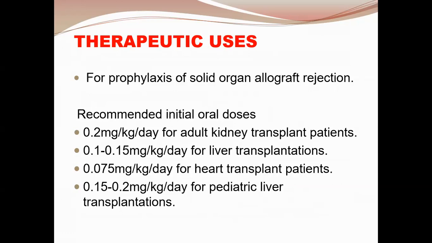So the dose given to pediatric liver transplant patients is more when compared to adult liver transplant patients: 0.1 to 0.15 in adults, whereas 0.15 to 0.2 milligrams per kg per day for pediatric patients.